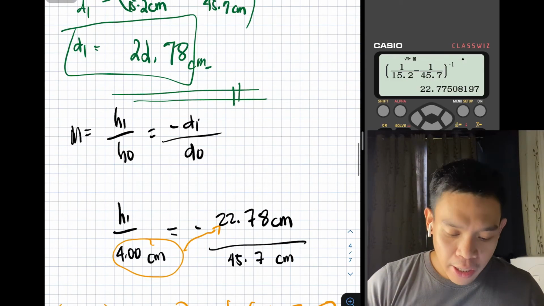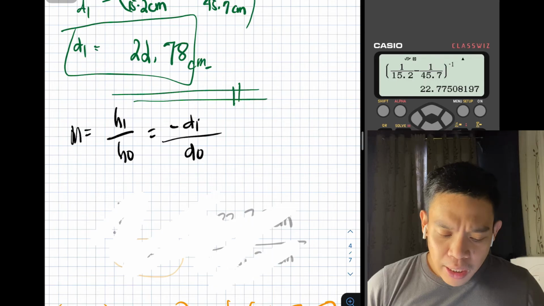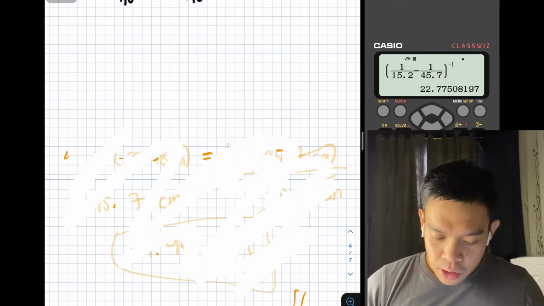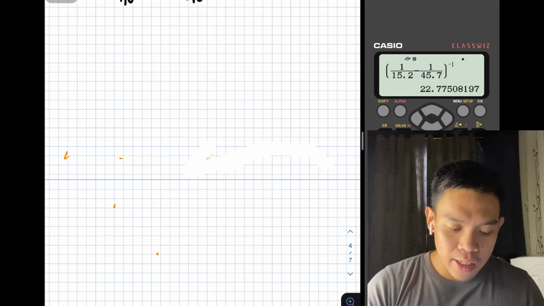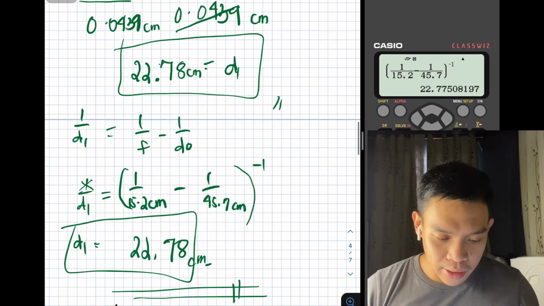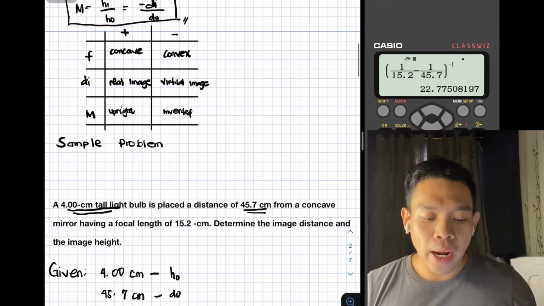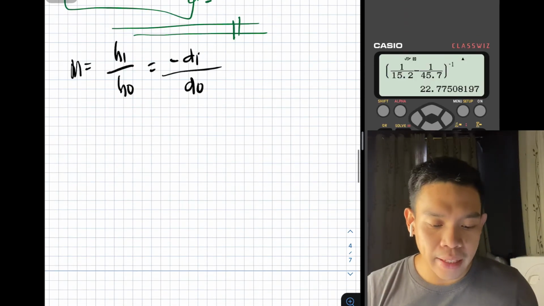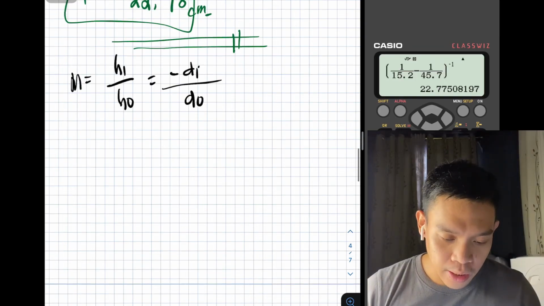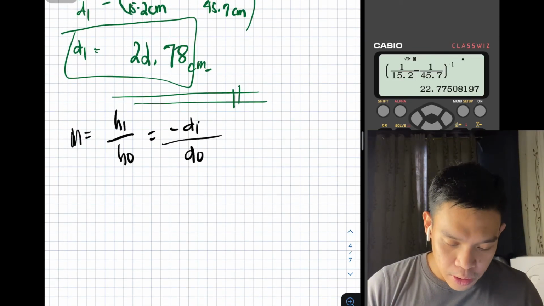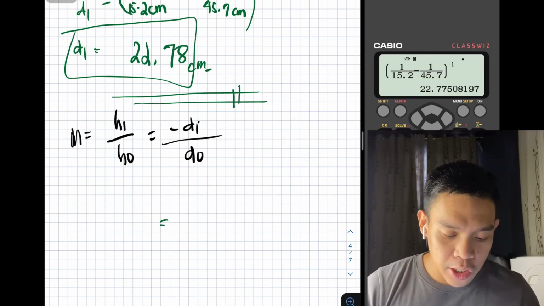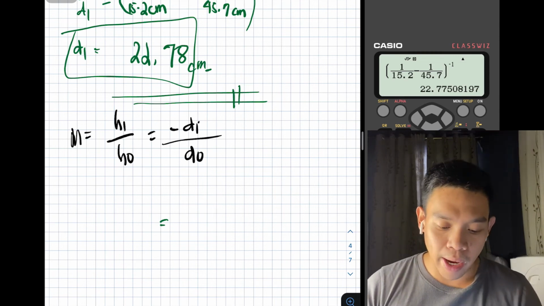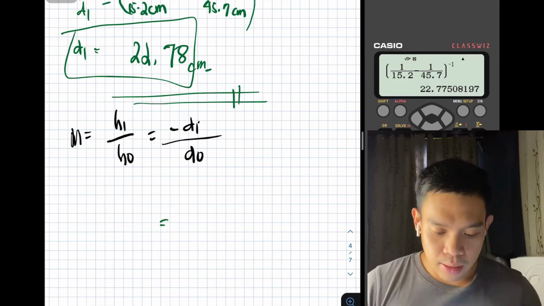Now, on the other hand, how can we calculate the magnification of the image? The magnification tells us whether the image is upright or inverted. Let's substitute. If DI is 22.78, M is equal to HI over HO, which is equal to the negative of the image distance divided by the object distance.